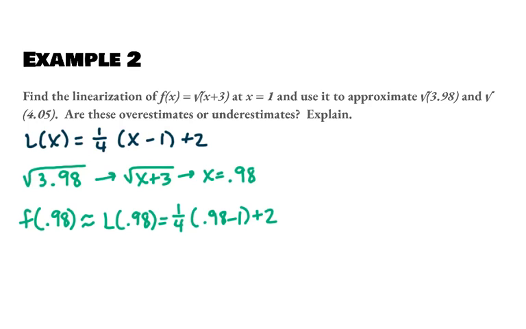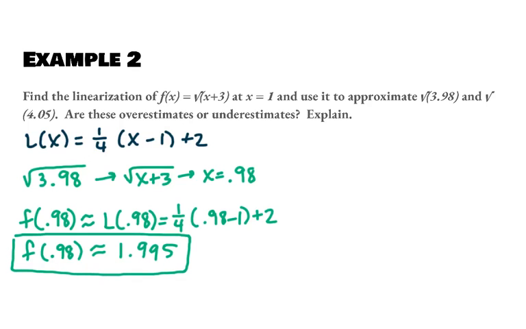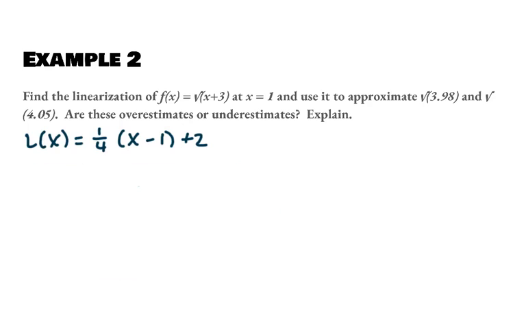And that's just a matter of simplifying it. And if you do your calculations correctly, you're going to get something close to 1.995. And that's it. So now let's do the same thing for 4.05.